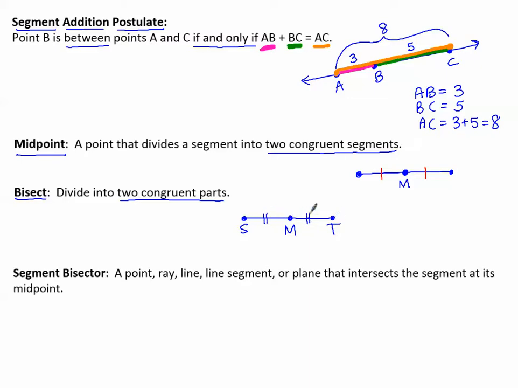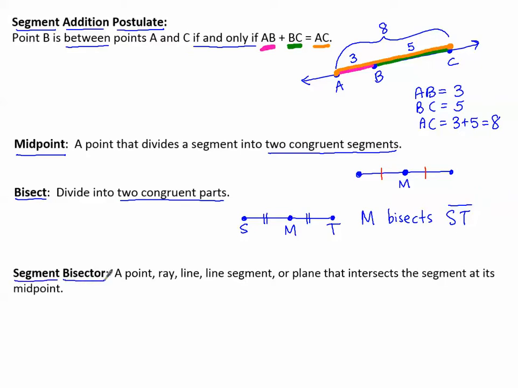We're using different style hash marks because we don't want our readers to think that this segment is congruent to this segment. These segments are congruent to each other, but not necessarily to these segments. We can say here that M bisects, that's the verb to cut in half, segment ST.